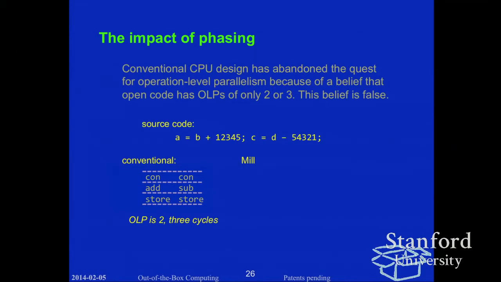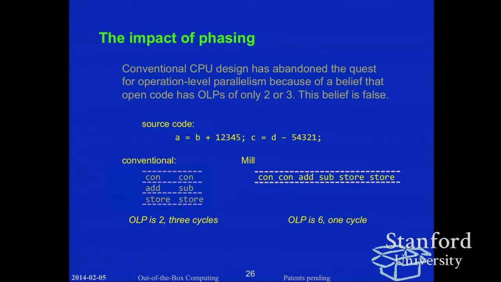On a Mill, they all go in 1 cycle. And the operation level parallelism is 6. Why? Because the con, the add, and the store can all be done in 1 instruction on the Mill, and because the Mill is very wide, it has no problem at all doing a 6-wide instruction.